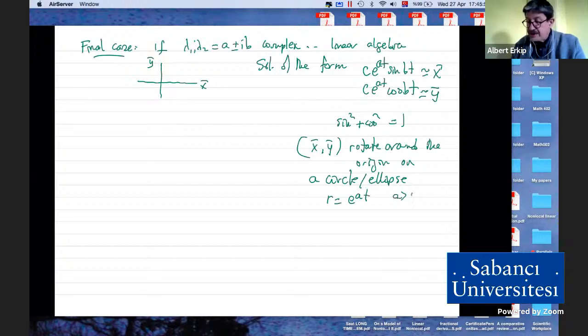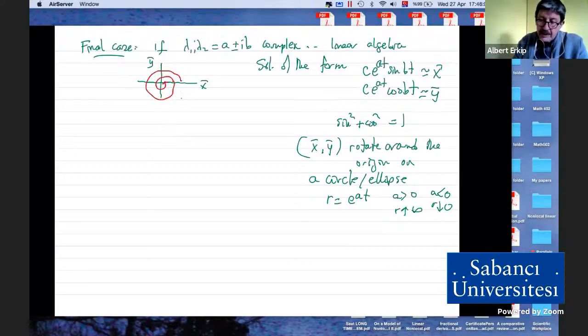A positive means the radius goes to infinity. A negative means the radius goes down to 0. So what you really have is kind of helixes, spirals like this. This is A negative.